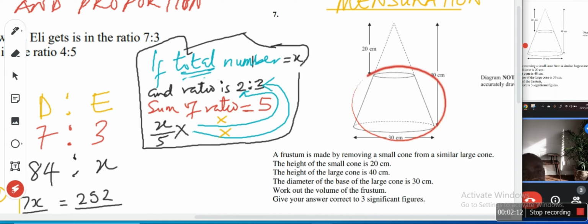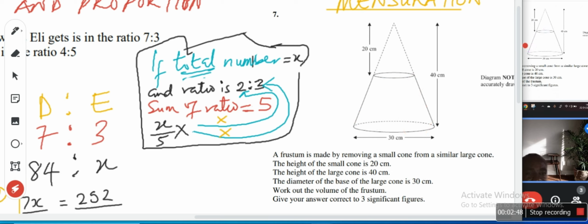Don't you think if we find the volume of the entire big cone, and then we remove this part that has been cut out, whatever is left is the volume of the frustrum.